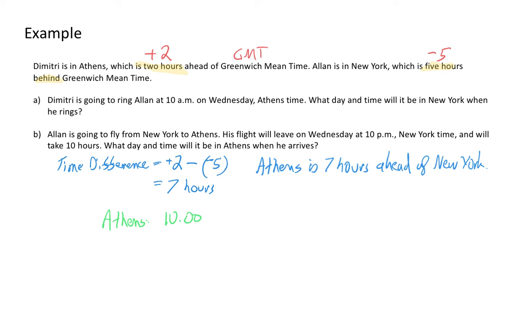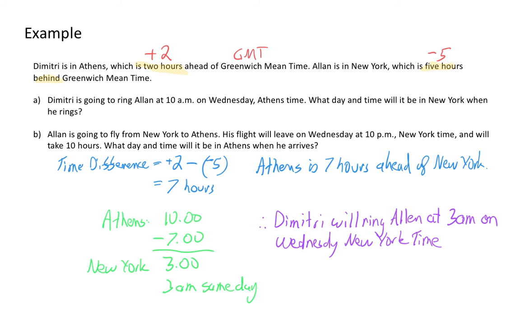Because we know Athens is 7 hours ahead, we can also say that New York is going to be 7 hours behind. So I can take off 7 from 10, and that leaves me with 3. And that's going to be the time in New York. So a value of 3 is going to be equal to 3 a.m. Now we haven't changed our day, so it's going to be 3 a.m. on the same day. So to answer the question, I can say, therefore, Dimitri will ring Alan at 3 a.m. on Wednesday, New York time.